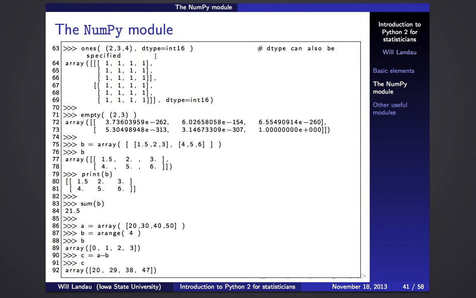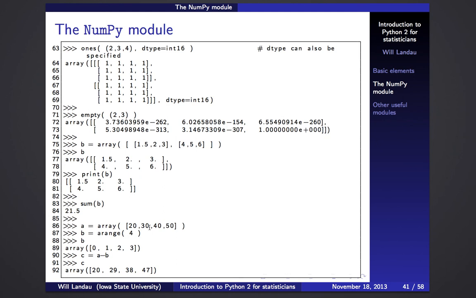I have all these shortcut functions like ones and empty, and sum just takes the sum of the elements. I can do array subtraction. If C equals A minus B, it just takes the element-wise difference.